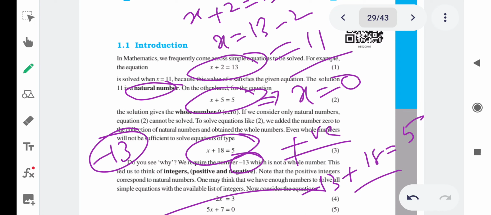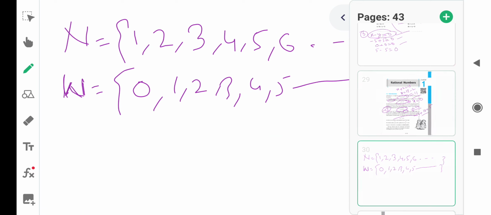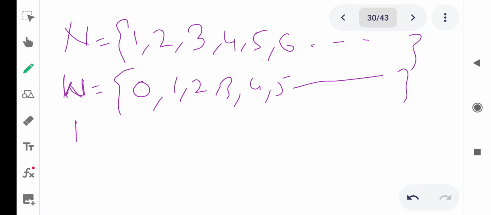That means I have to subtract 18 from this, giving minus 13. To 18 you have to add a negative number, minus 13, or subtract 13. So therefore we need another set of numbers, that is integers. What is that?